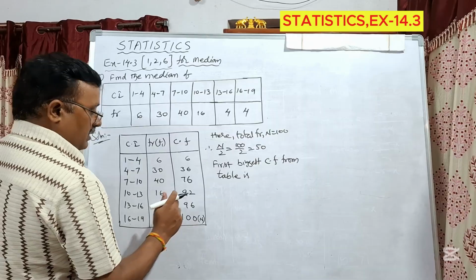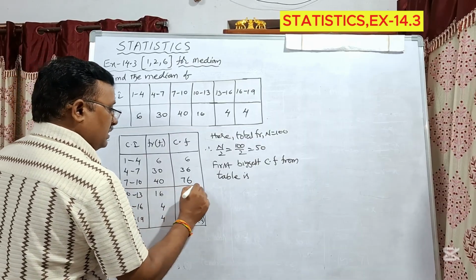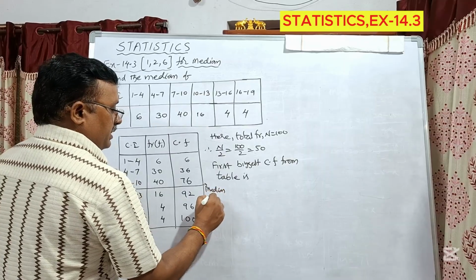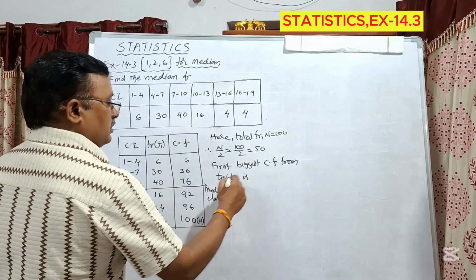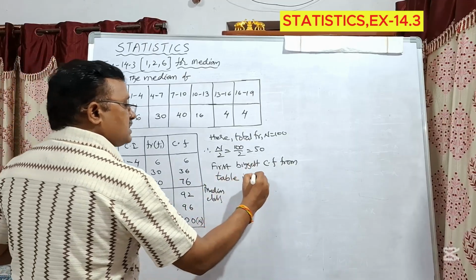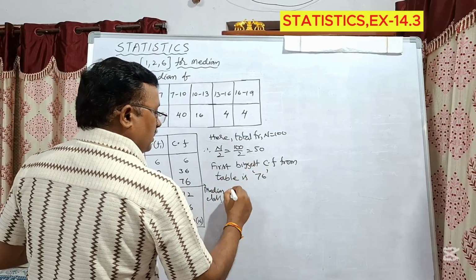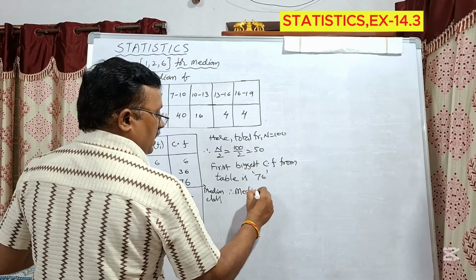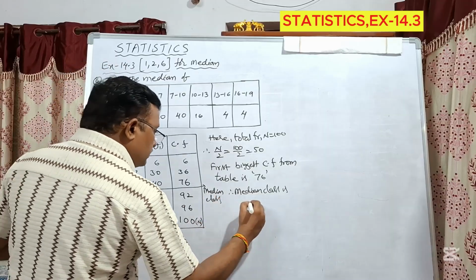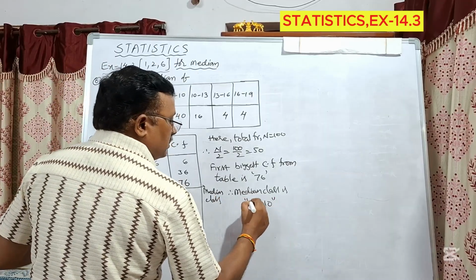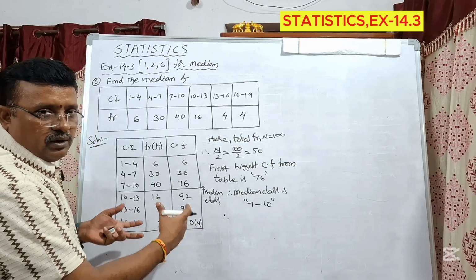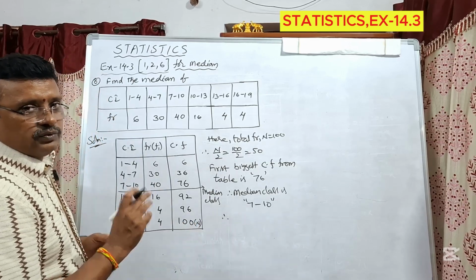Remaining all are bigger, but this is the first one, that's why this is called the median class. Understood? Therefore the median class is 7 to 10.